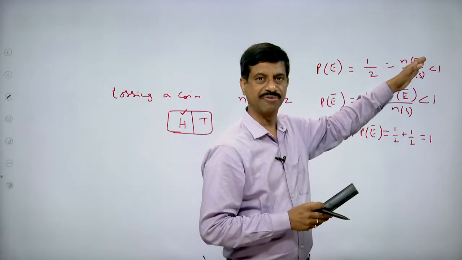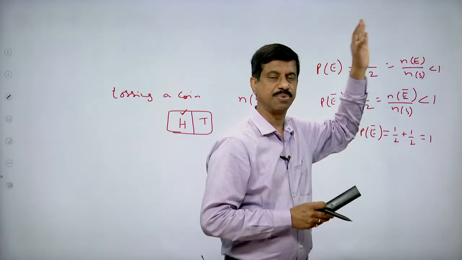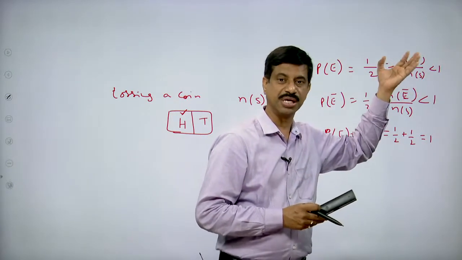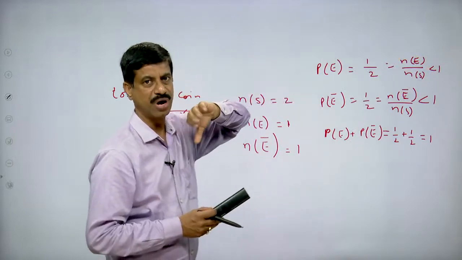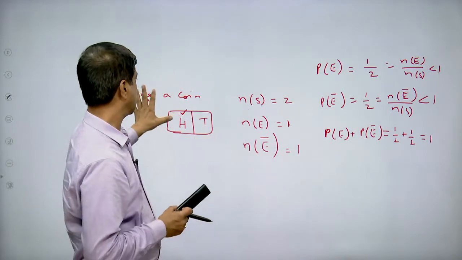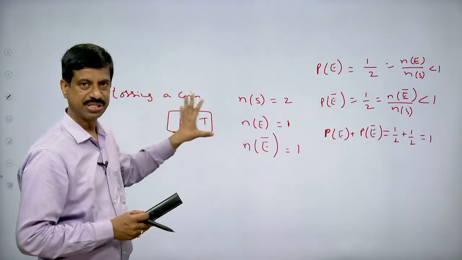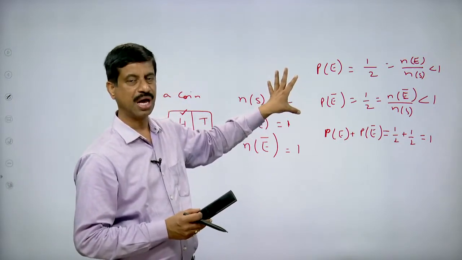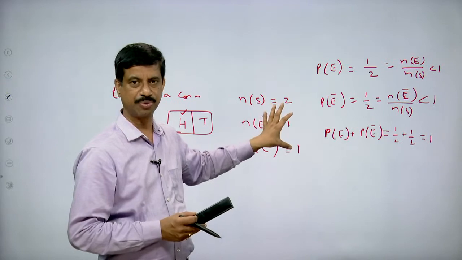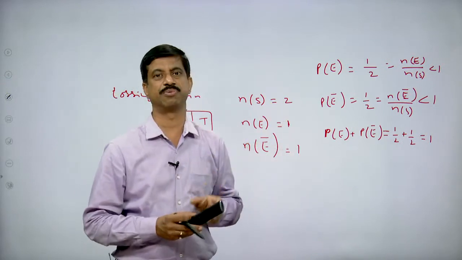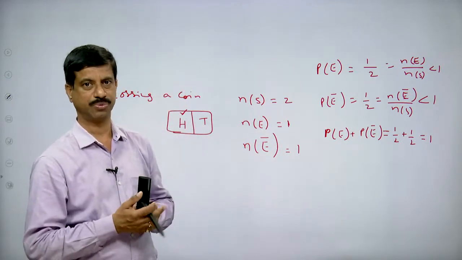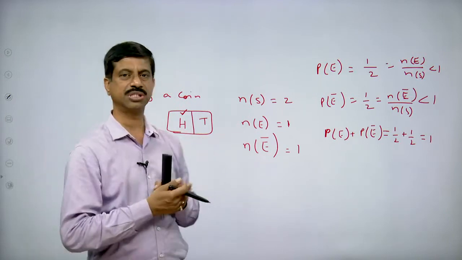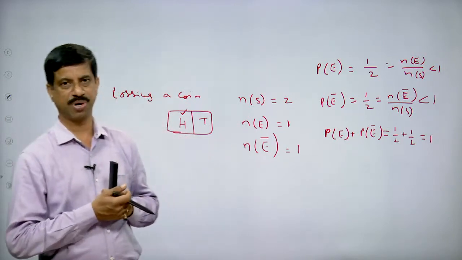Individually, the probability of a favorable event is less than 1, and the probability of a non-favorable event is also less than 1. But in any experiment, we have a sample space in which a certain number of events can happen, and a few of them could be favorable and a few non-favorable. So this is how we discuss probability.